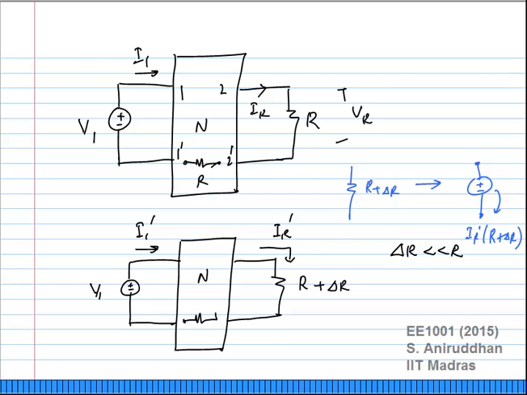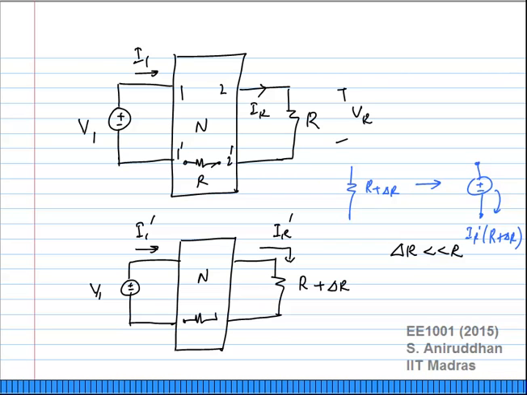What could be the practical significance of something like this? Well, in reality, if you actually build a network with resistors, for example, what you'll find is if you go to the electronics shop and try to buy a resistor, it always has something called tolerance. You try to buy a 100 ohm resistor, it's not exactly 100 ohms. They'll tell you it's 100 ohms plus or minus 10%, plus or minus 1%, maybe plus or minus 0.1%.